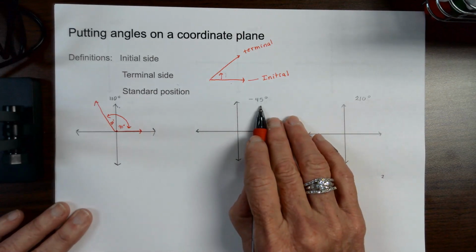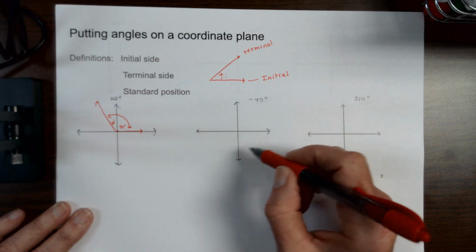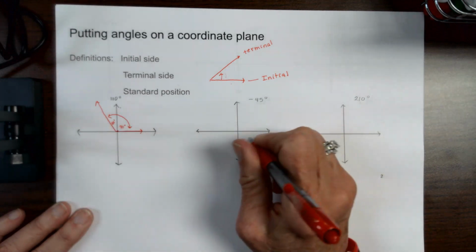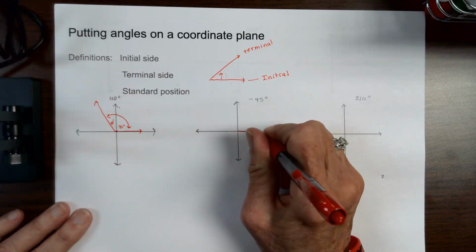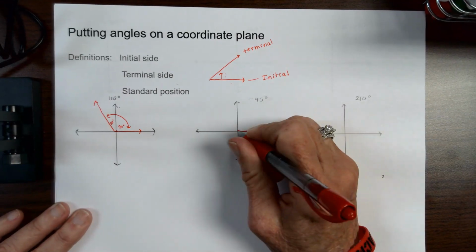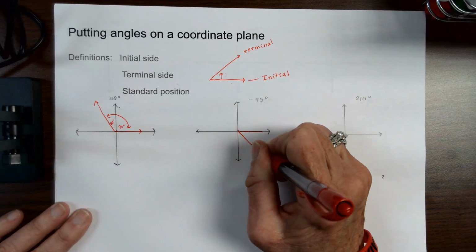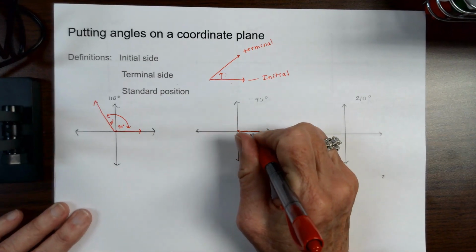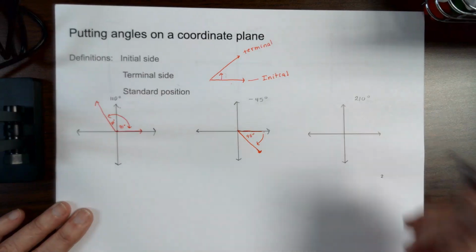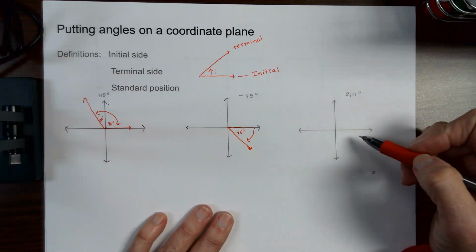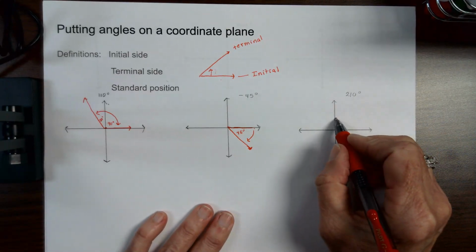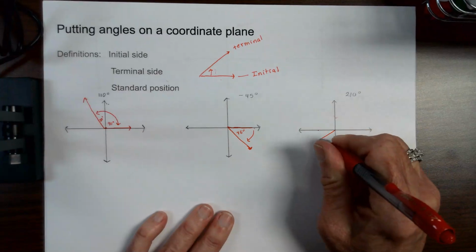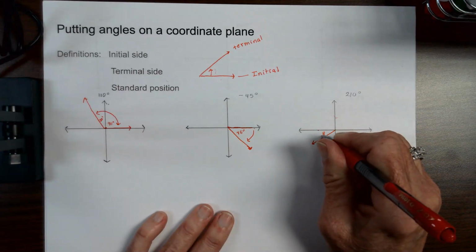If I have a negative angle, I go in a clockwise way, versus counterclockwise, which is positive. Here's my initial side, it's always on the positive x-axis, and I want to go 45 degrees, which is going to be halfway between there and there, but I'm going in a negative direction, so I go clockwise. 210 degrees: understand this is going to be 90 to here, this is going to be 180, so it would be 30 degrees more than my 180.